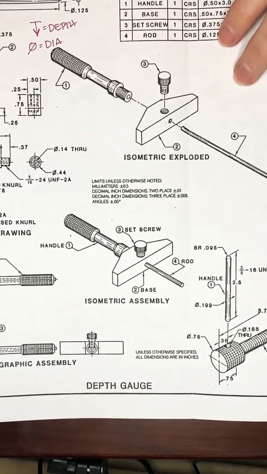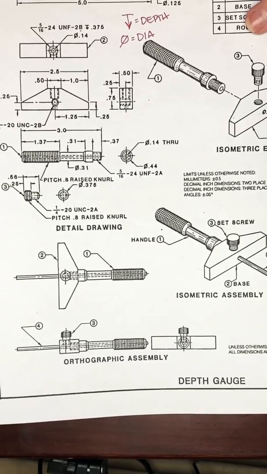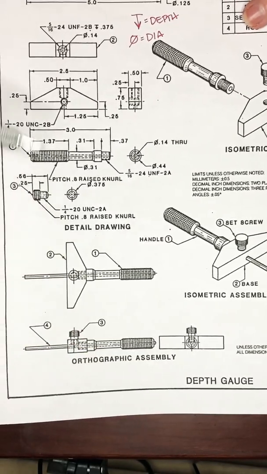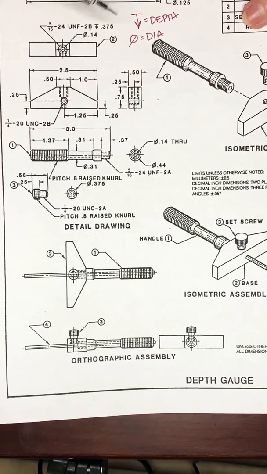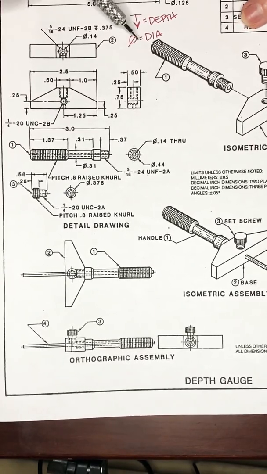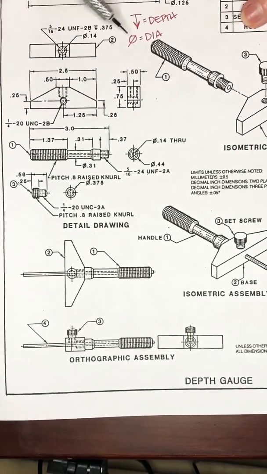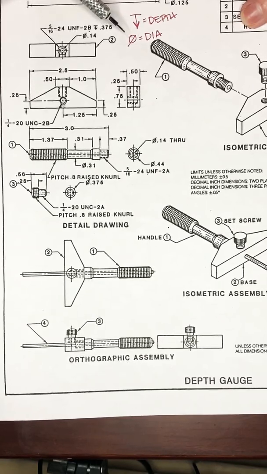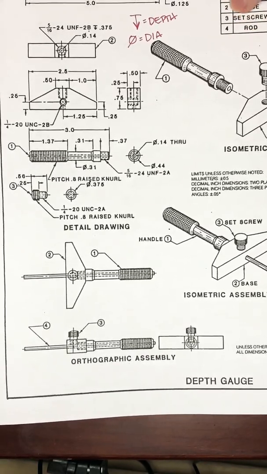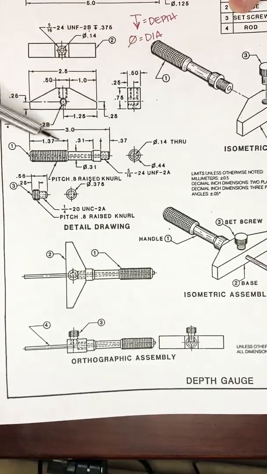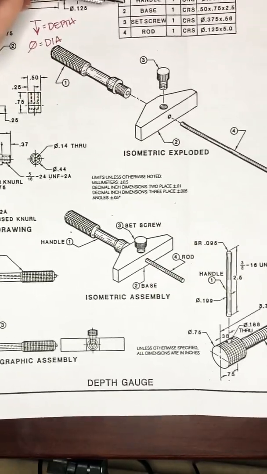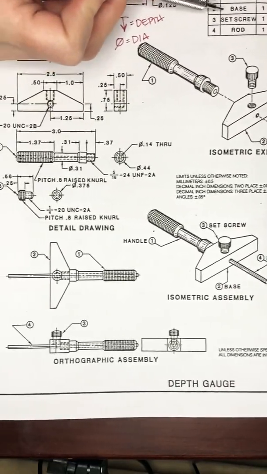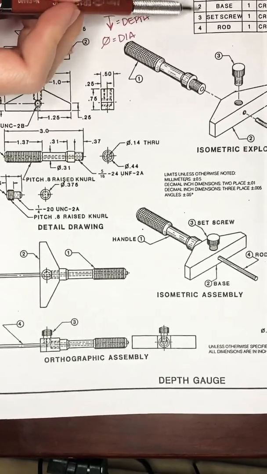So we have different views of this depth gauge. You have the isometrics and some symbols that you already know. You have the depth symbol, you have the diameter symbol. You've seen those many times before. You have the different parts, all the parts you have in your bill of materials here.